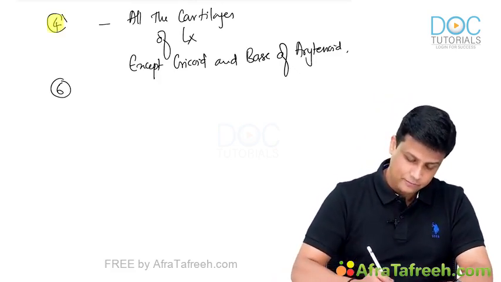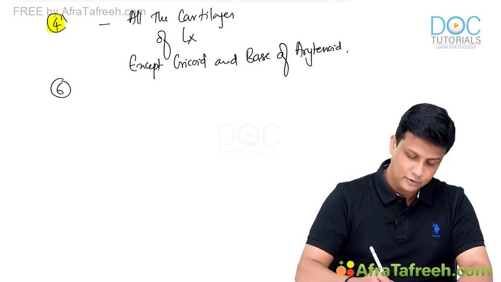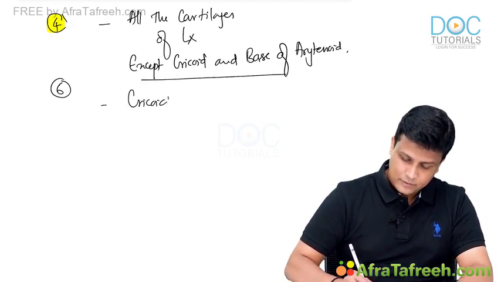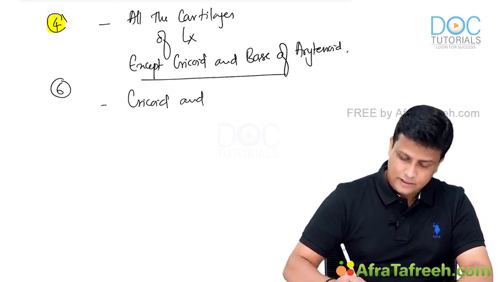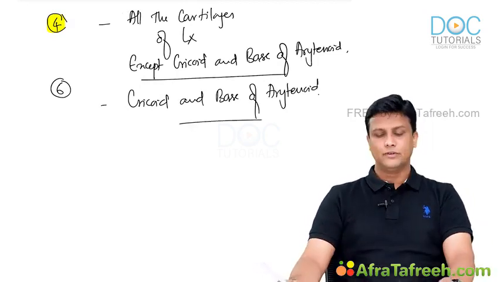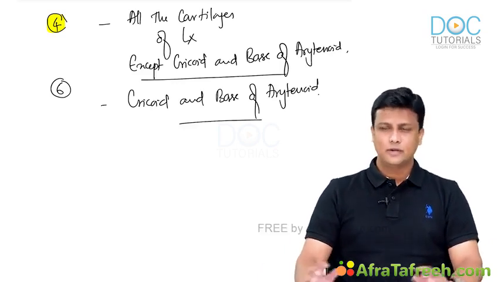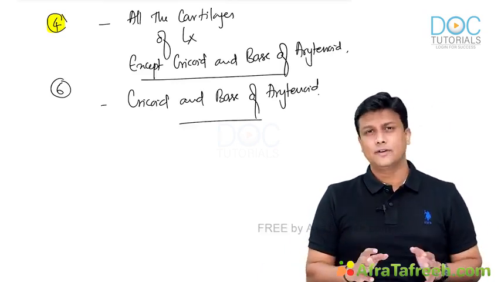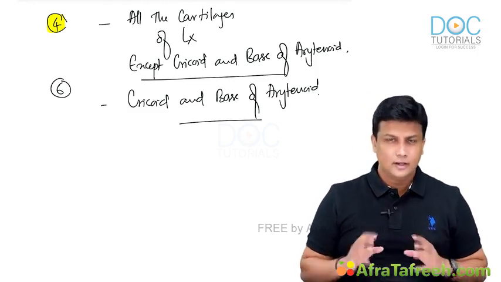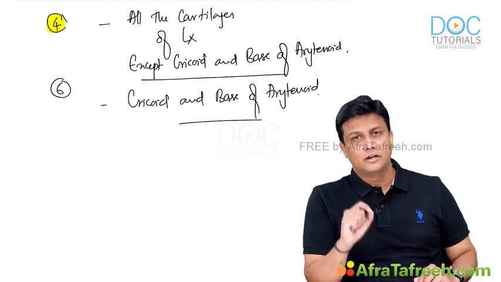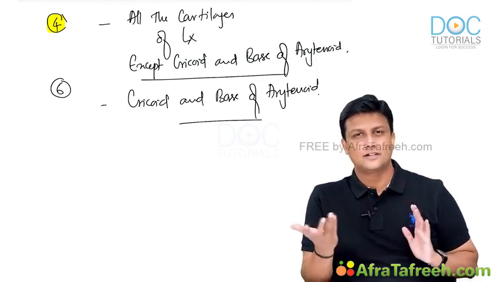Then of course they are derived from where only? They are derived from the 6th arch. So cricoid and base of arytenoid are derived from 6th arch. Perfect. Mostly there is no clarity in that one, guys. Roughly we'll be saying that all the cartilages of larynx are derived from 4th and 6th arch only. But still, if you want to remember something, then you can remember cricoid and base of arytenoid are derived from the 6th arch only.